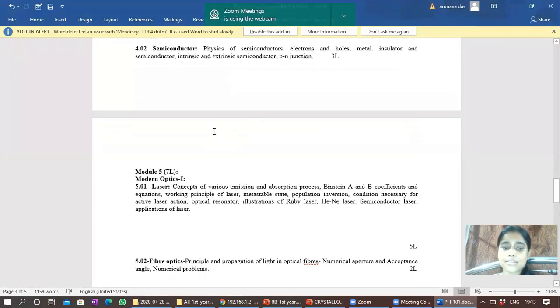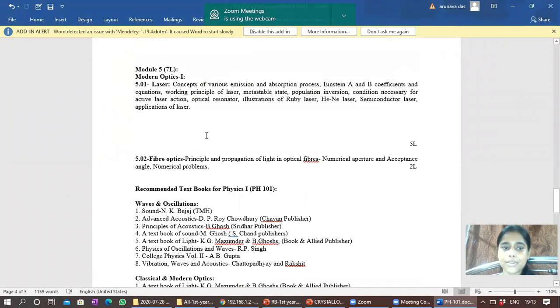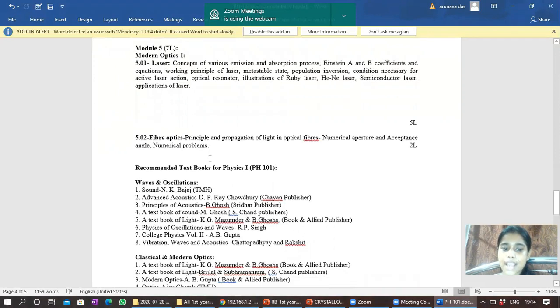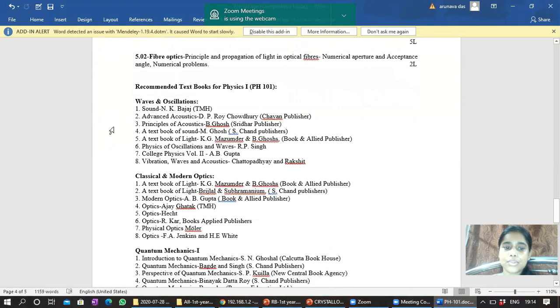And in the last module, module 5, we'll discuss modern optics, where there is laser and fiber optics. So this is your syllabus and these are some books which are recommended for all of you.